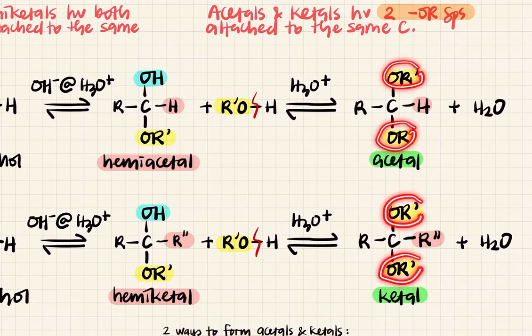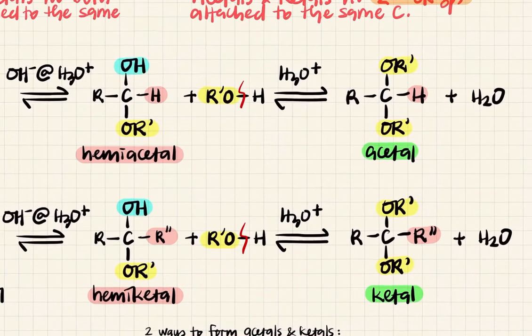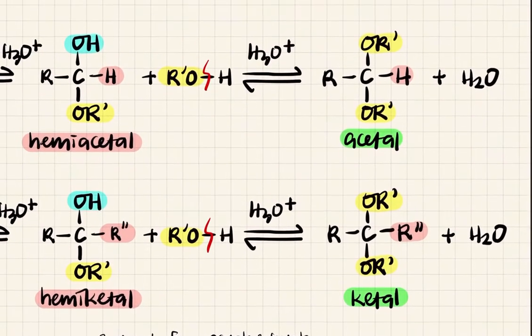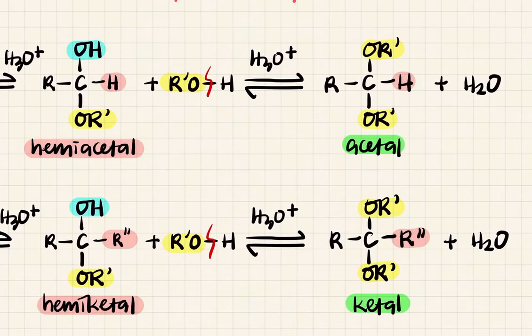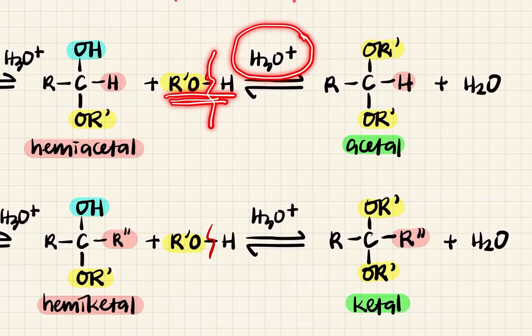Okay, alright. So daripada awak punya hemiacetal dengan hemiketal tadi, add alcohol in acidic condition. You cleave your alcohol punya OH bond, and then this OH will be eliminated to form water.